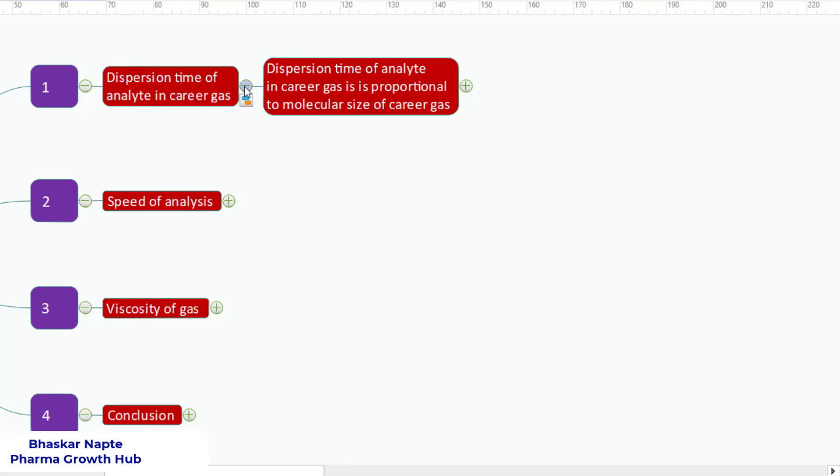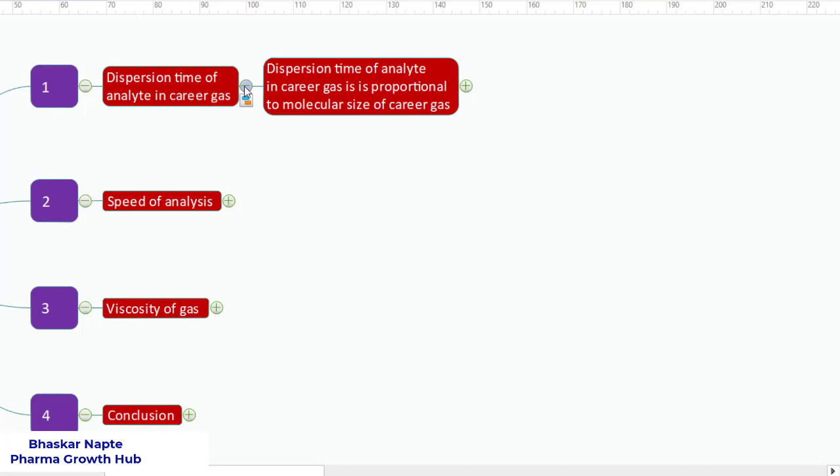For example, if the solute comes into the carrier gas, the solute will take some amount of time to get properly mixed with the carrier gas. It will spread inside the carrier gas, and this spreading time, this proper mixing time, getting gelled with the carrier gas, is called the dispersion time of analyte in the given carrier gas.